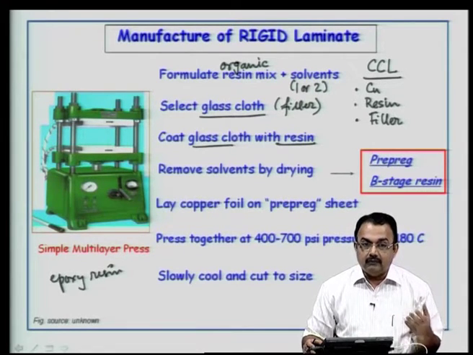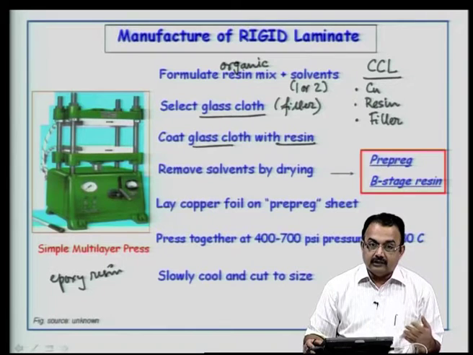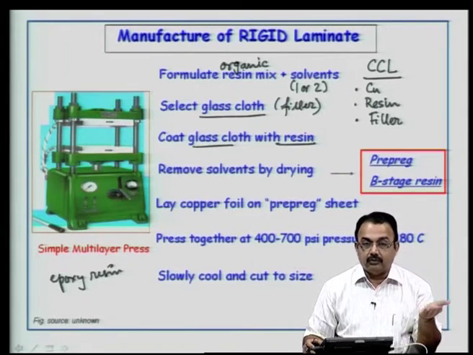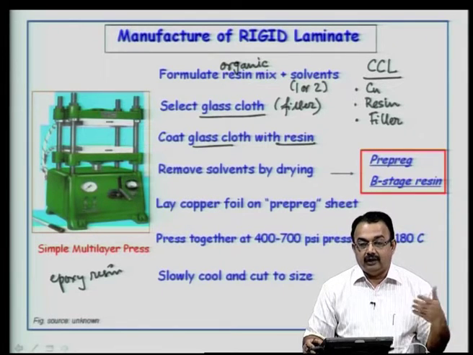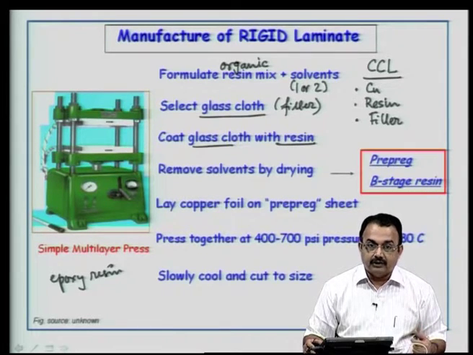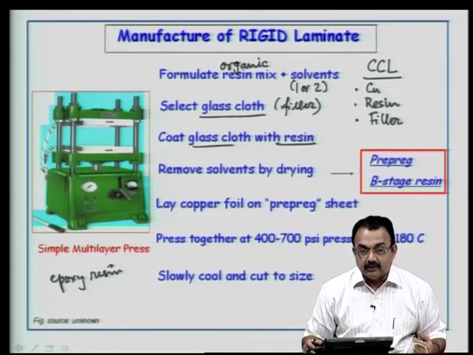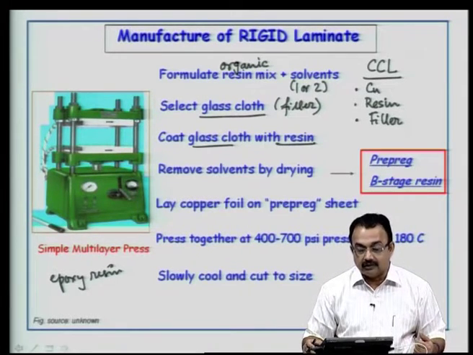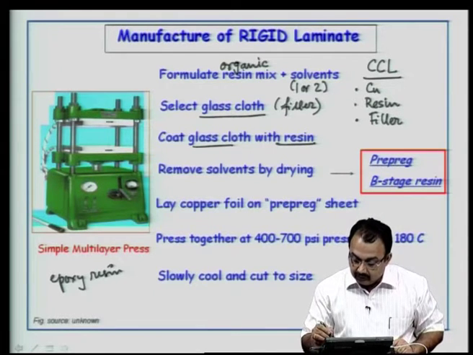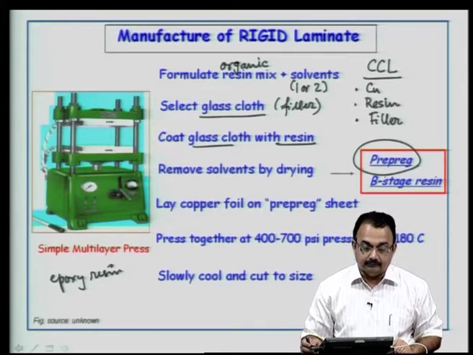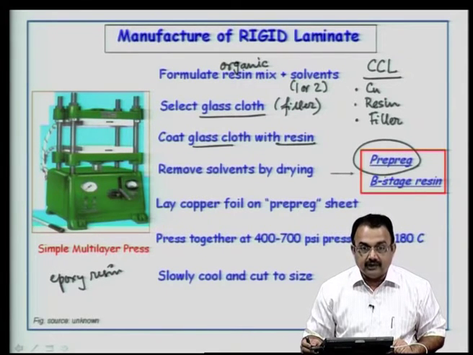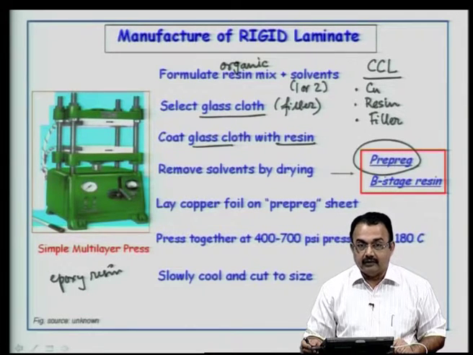Now, the solvents will be air dried, and sometimes you can also use force drying by allowing it to go through a conveyorized oven at fixed temperatures that will remove the solvent. In some cases, partially the solvent is removed, because we are now going to prepare what is known as the pre-preg material or the B stage resin. So, at this stage most of the solvents are removed by drying.